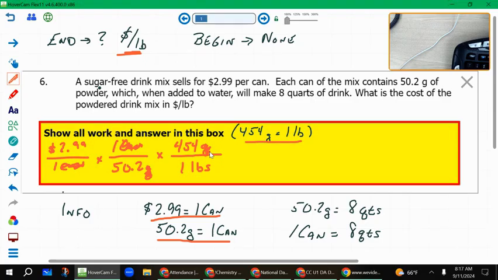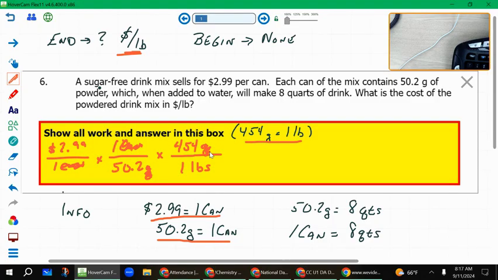Now on this problem, I did something that mean chemistry teachers do. I gave you too much information. Do we care that 1 can is 8 quarts? No, we don't. Do we care that 50.2 grams is 8 quarts? No. But we could use them if there was a second question, but there is not.